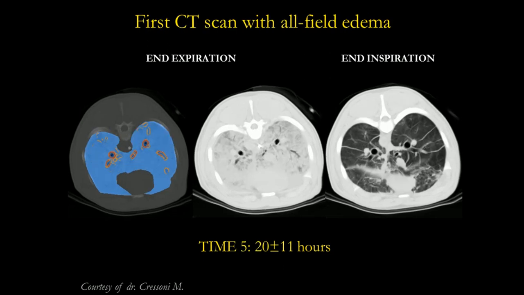At about 20 hours, all the lung at end expiration is completely white. Look here, I never saw in man a recruitability like this. Only in Brazil, sometimes they have it. But it's completely white, and here is almost completely black.